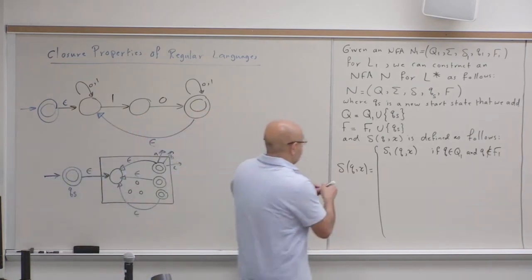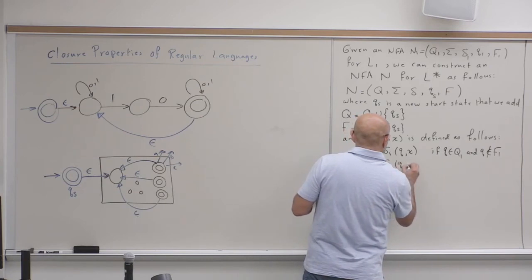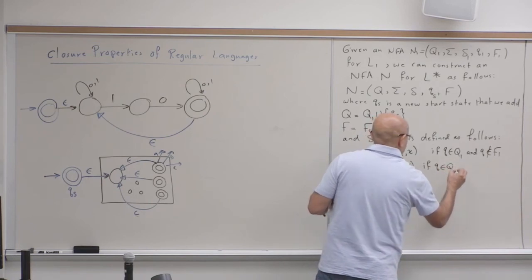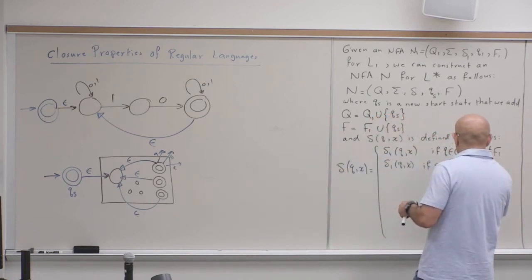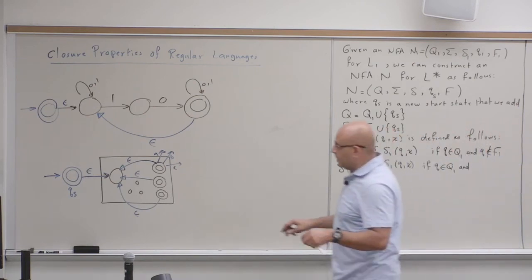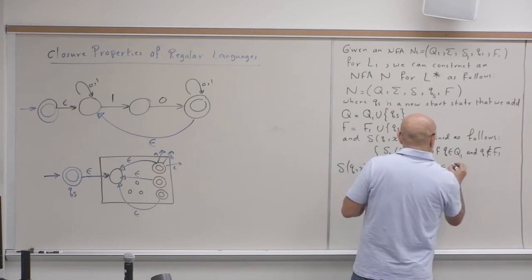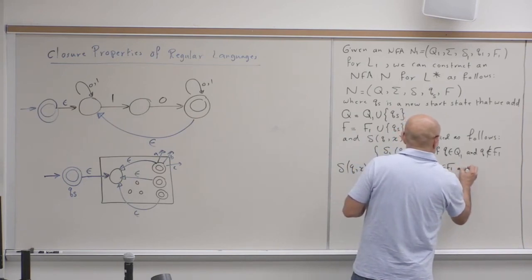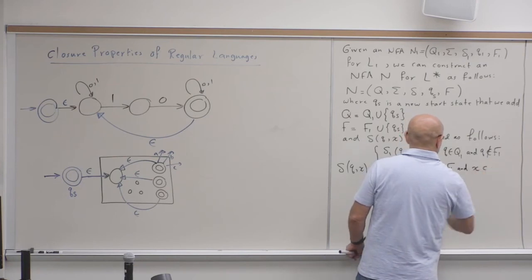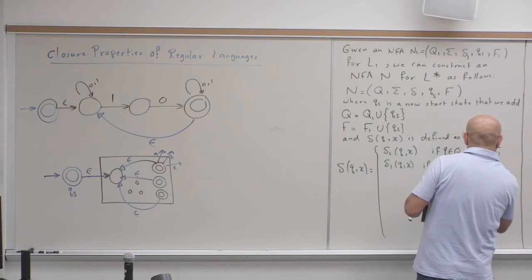So it's going to be delta 1 of Q and X if Q belongs to Q1, or if Q belongs to F1, and X is not equal to epsilon.